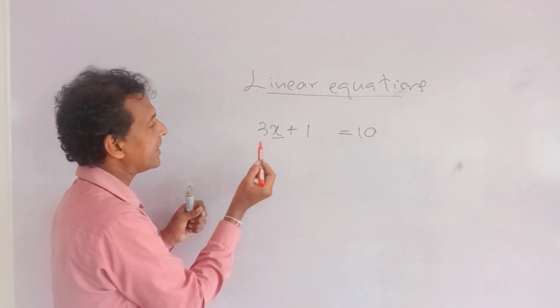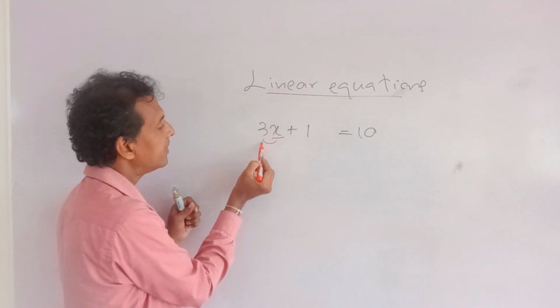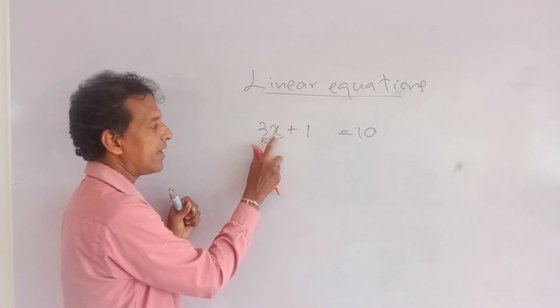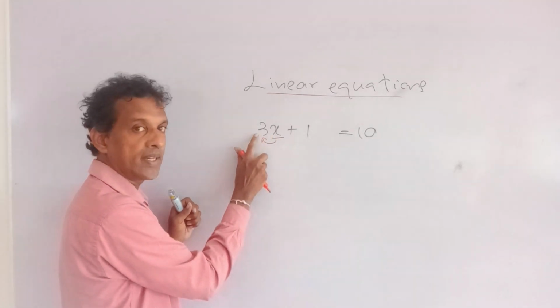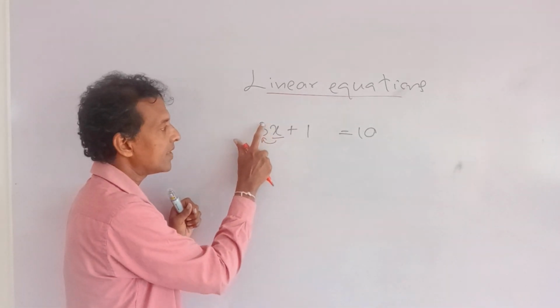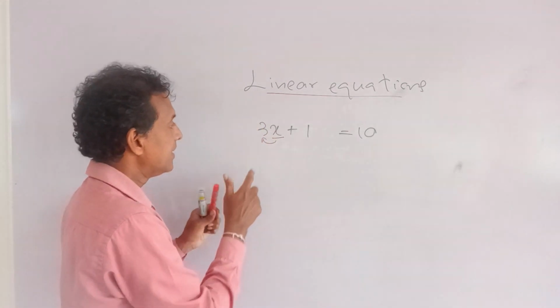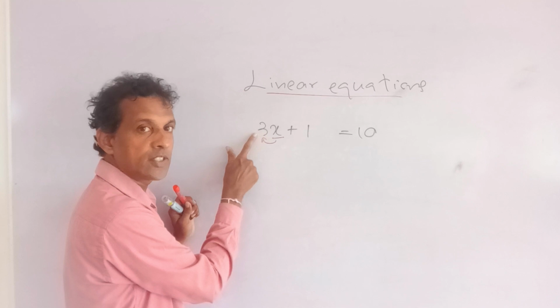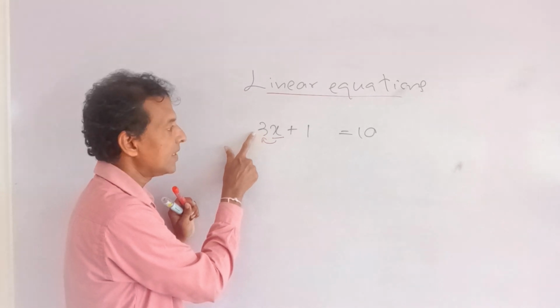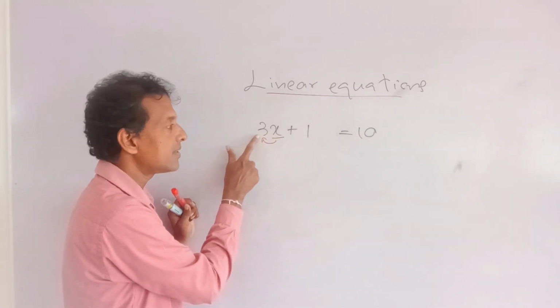Now it immediately starts with what? When the variable is multiplied by a number, we call this, can you remember what you call this? This is the coefficient. Here, the coefficient of x is 3.